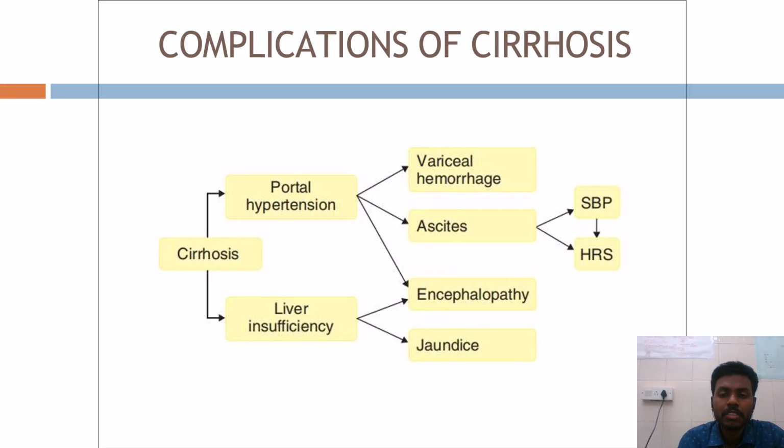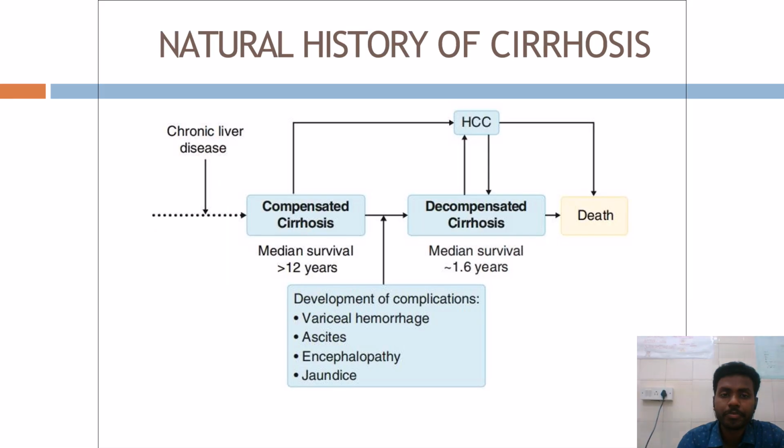Ascites means accumulation of fluid in the peritoneal cavity, and due to this, the patient may also undergo spontaneous bacterial peritonitis (SBP) and may also develop HRS, that is hepatorenal syndrome. So these are the main complications of cirrhosis. Variceal hemorrhage is the most dangerous complication, and ascites, encephalopathy, and jaundice are the other complications of cirrhosis.